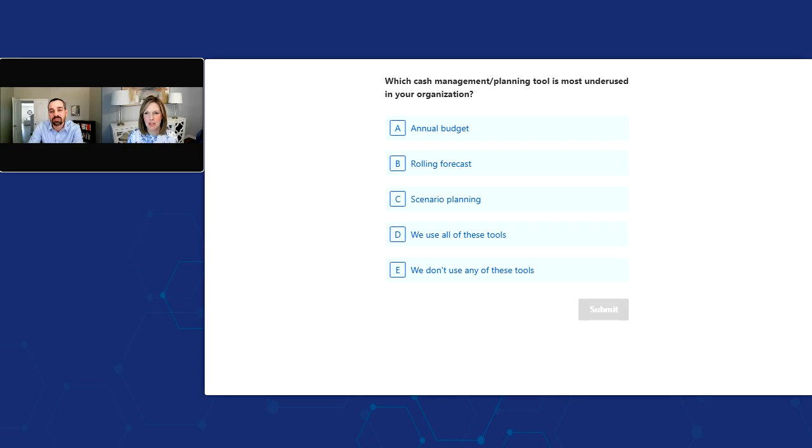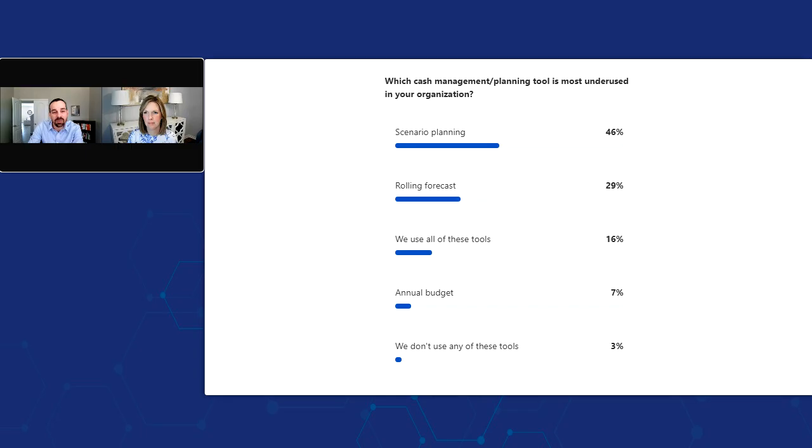When organizations are facing uncertainty, it can be incredibly powerful to look at the blue sky, gray sky, and dark sky scenarios to help with decision making. That's a great point. All right, so it looks like most people chose scenario planning, about 45%, then rolling forecast. Great information.